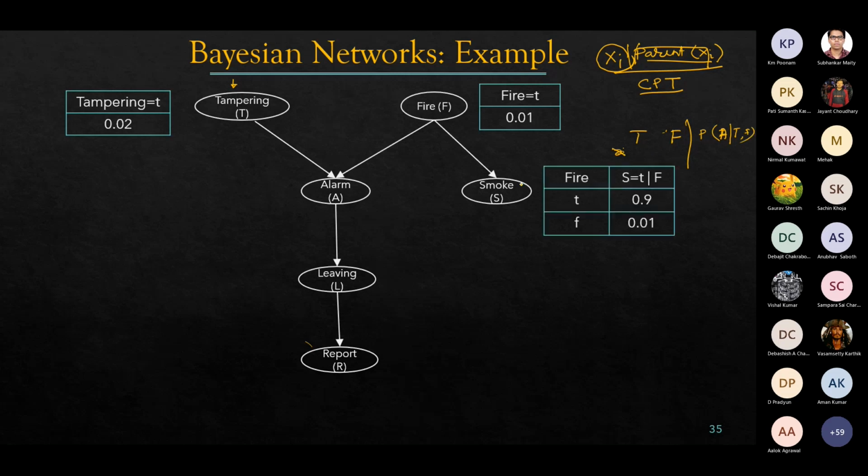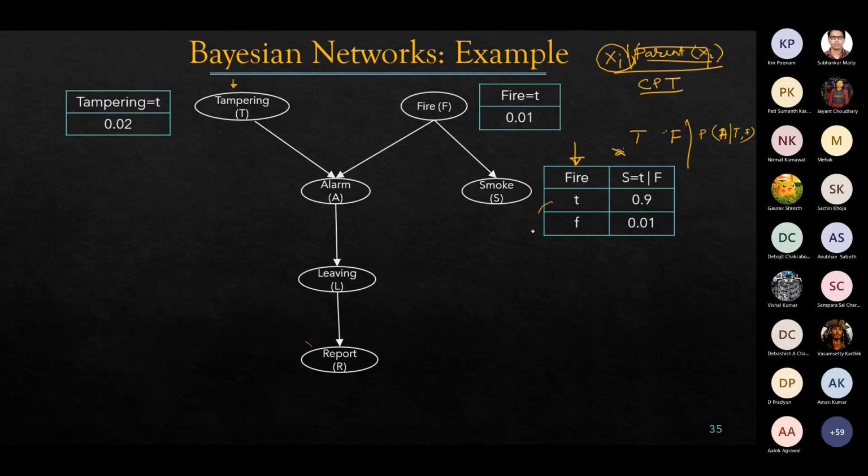And how do we do it for smoke? We are saying that it is dependent only on fire, so you have a single variable here, and this fire can take a value of true or false. Whenever there is a fire, the probability that there is smoke given there is a fire is 0.9.